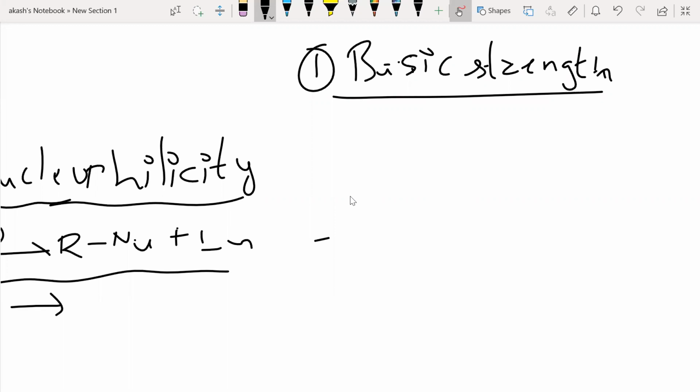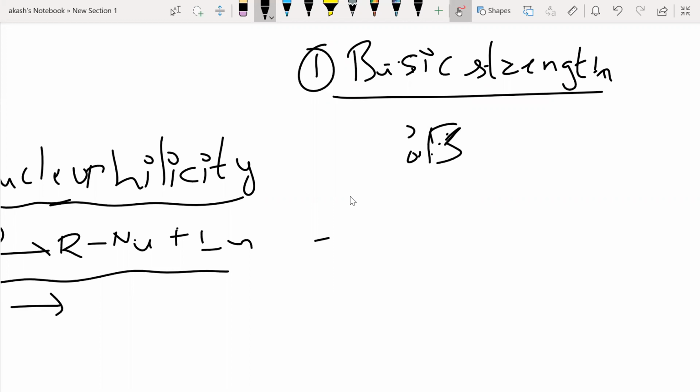Ability to donate a pair of electrons. Exactly, correct. It's the ability of the particular species to donate a lone pair of electrons. That's basically a Lewis base. So we need a base with a lone pair.